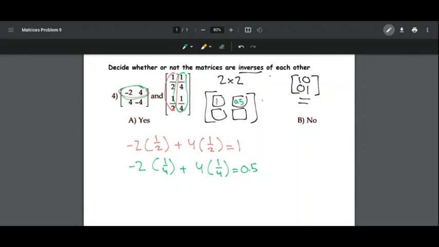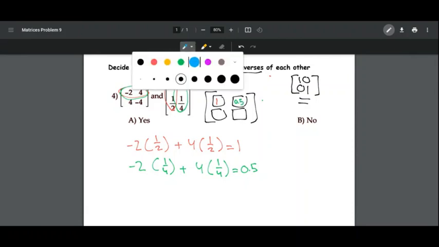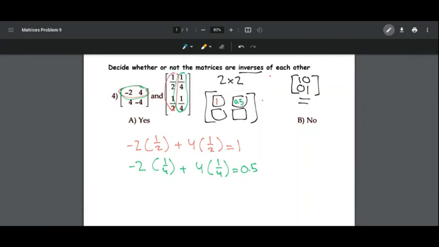And now the third element. We're going to take the bottom row of the first matrix and the left column of the second matrix. We're going to multiply 4 by 1 over 2 plus -4 by 1 over 2. The answer is 0.